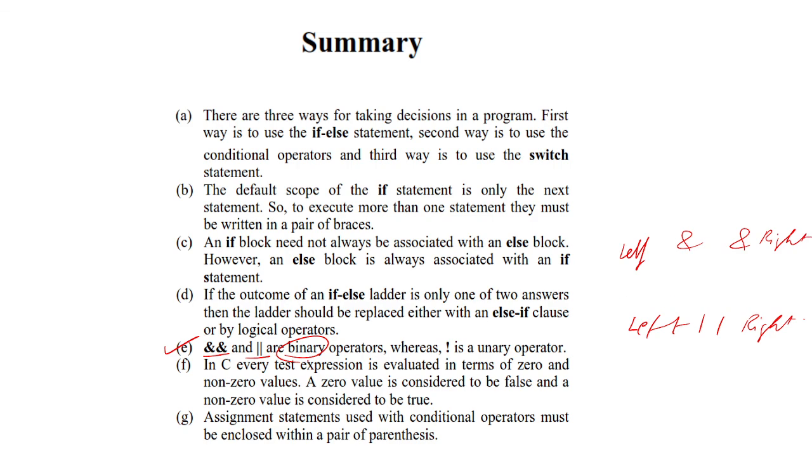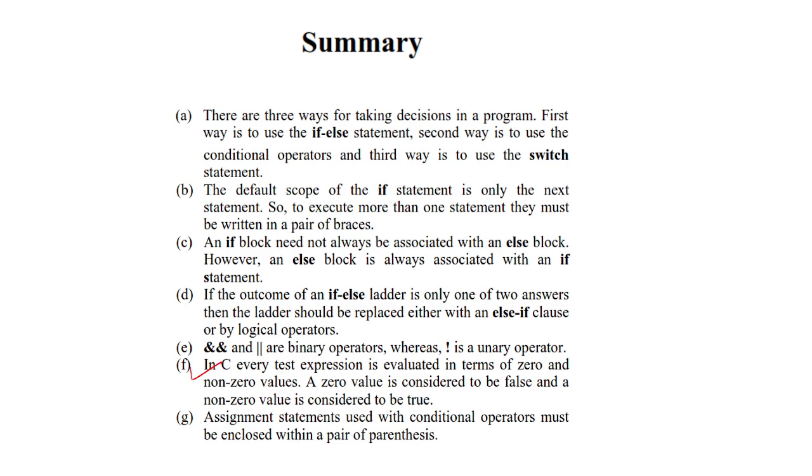So these are the binary operators, whereas the NOT operator is a unary operator. Unary operator, why? Because it has only one side expression, meaning it may be a right side expression.